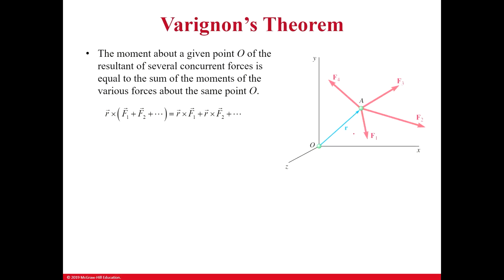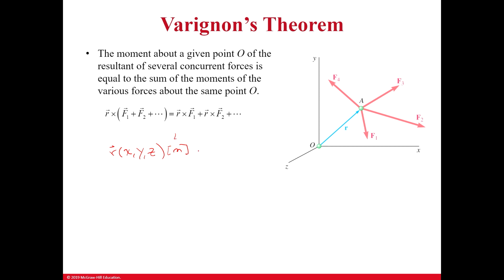Okay, so that's Varignon's theorem. Basically, if you have a vector r that is giving you the distance of the force, so vector r is in meters or inches or feet, but its units are of length.